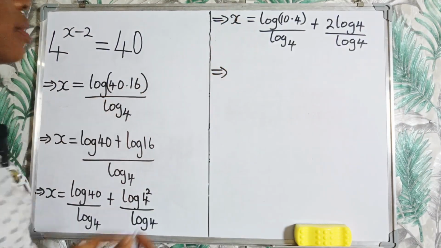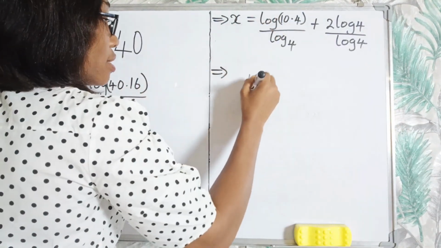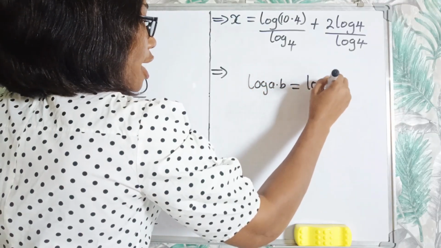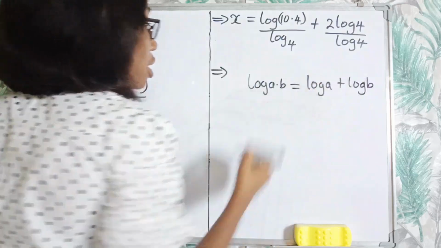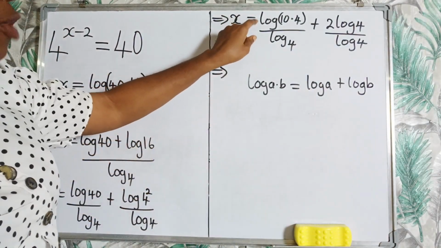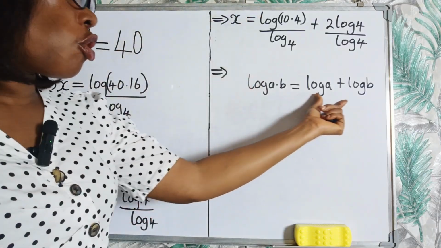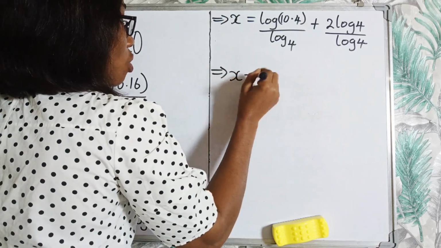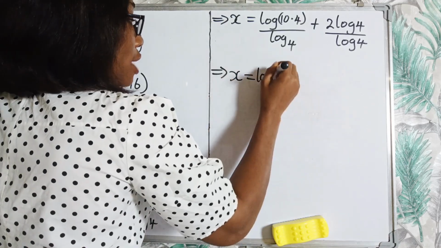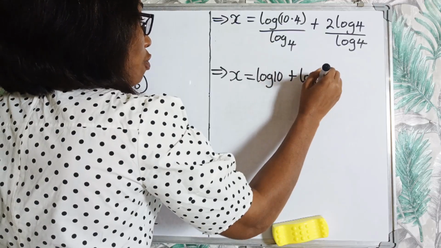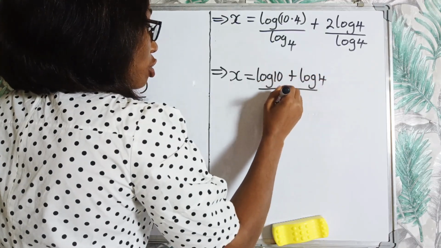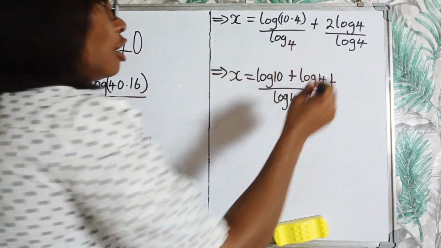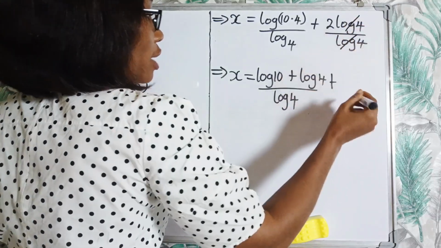So from here, remember the law of logarithm that states that if you have log a times b, this is the same thing as log a plus log b. So I'm going to rewrite this part following this law of logarithm. Okay, so this is going to give us x is now equal to log 10 plus log 4 divided by log 4. And then plus, on this part, log 4 will cancel log 4 and we are left with what? 2.